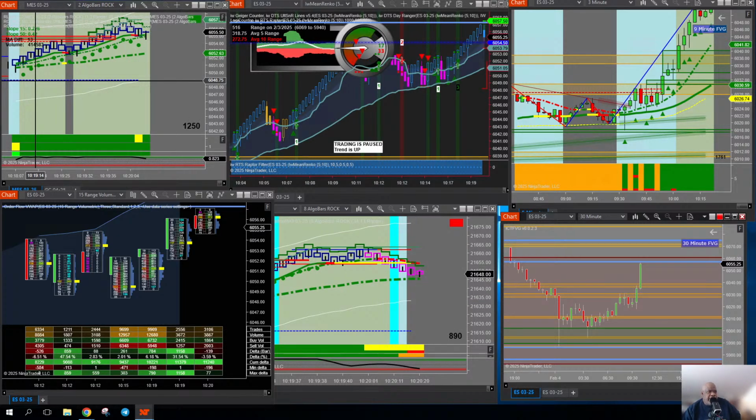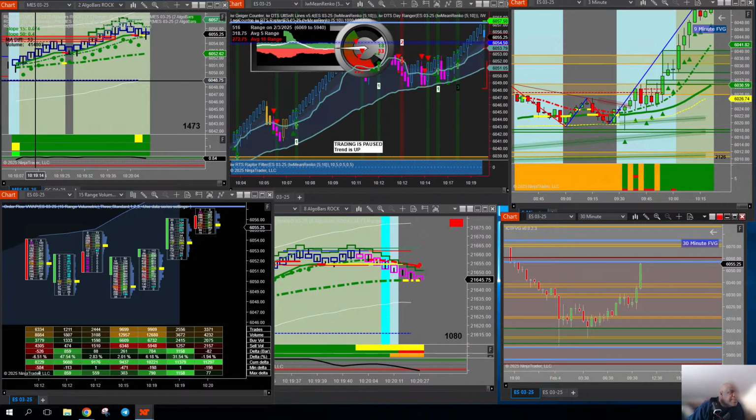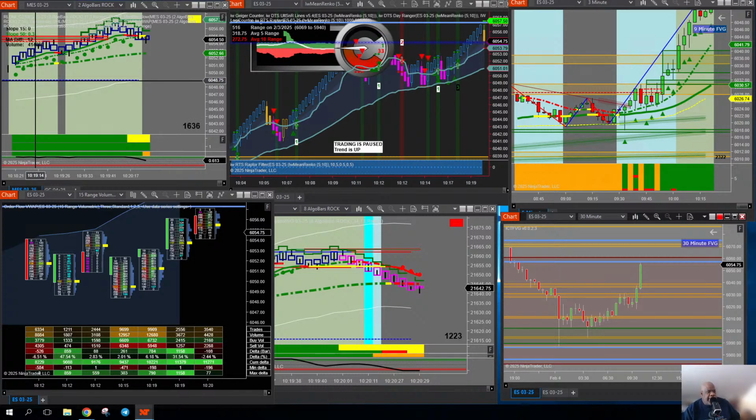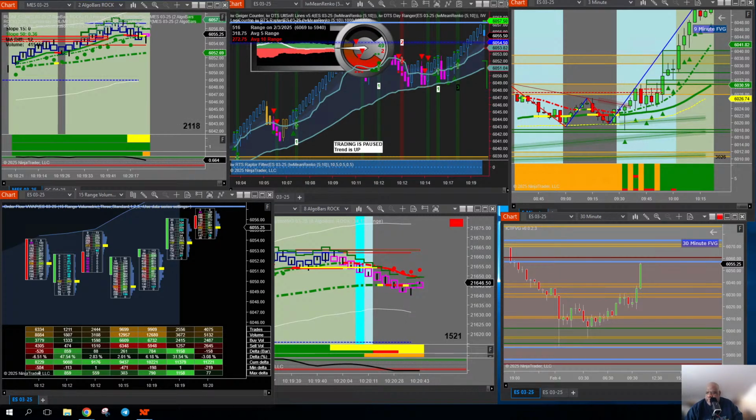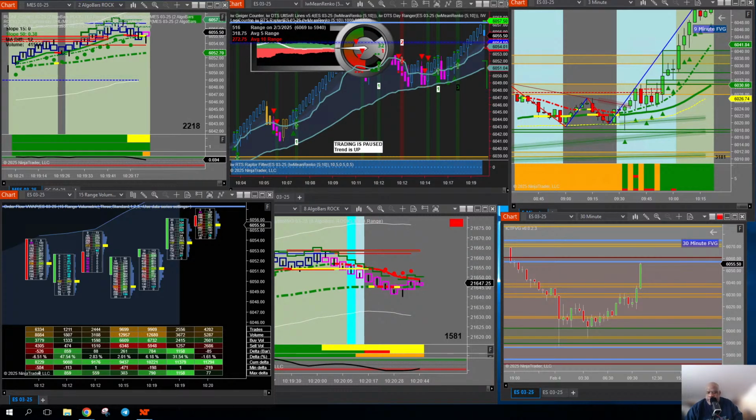It hasn't broken out of the overnight range. The high was about 68 and a half. So we should probably see some reaction at 68 and a half as well.